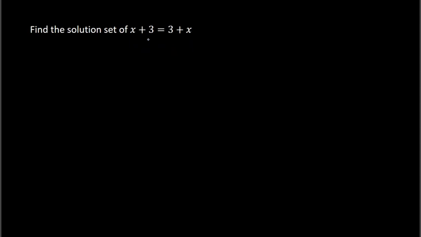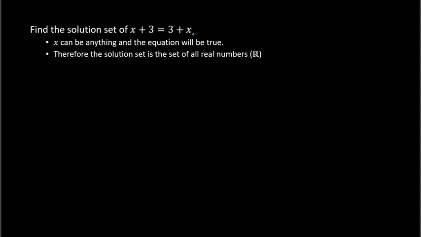Okay, that's true. Plug a 3 in. 3 plus 3 equals 3 plus 3. Yeah, that's true. We can plug anything in for x and make a true statement. So x can be anything. Therefore, the solution set can be any real number. So we would say the solution set is the set of all real numbers.